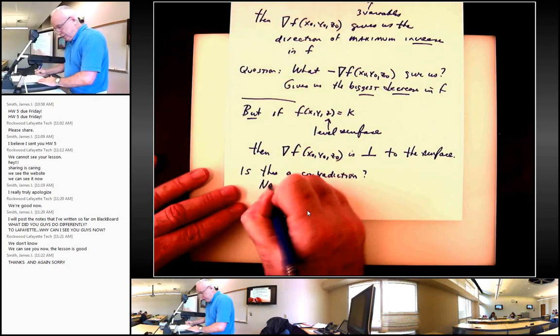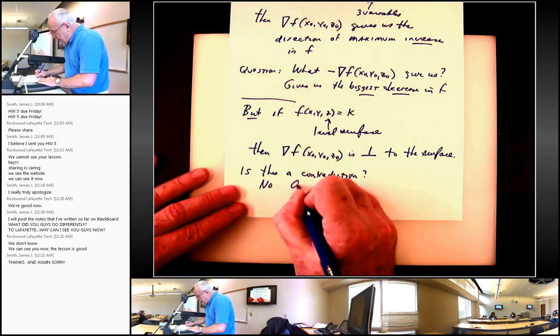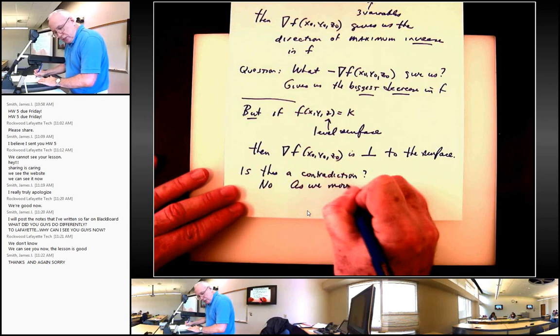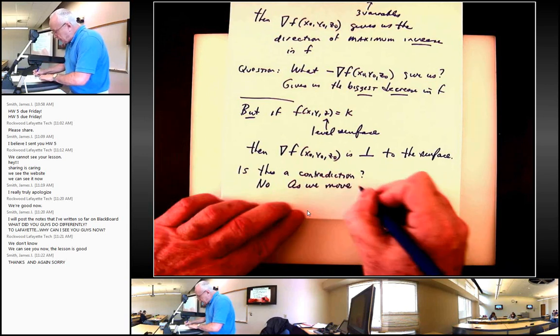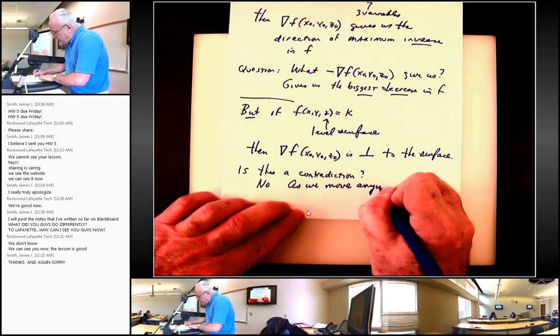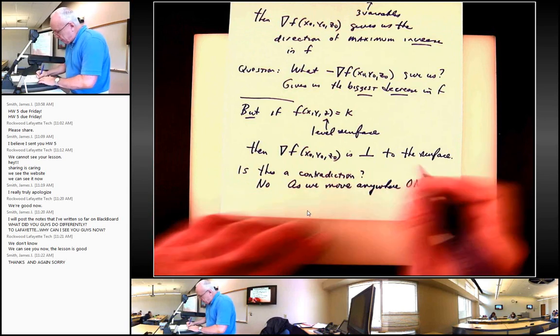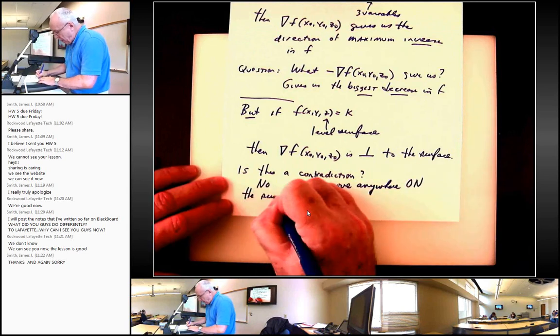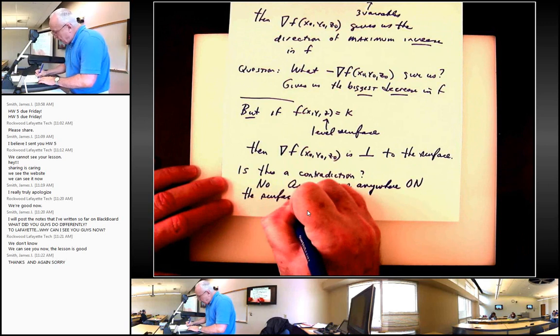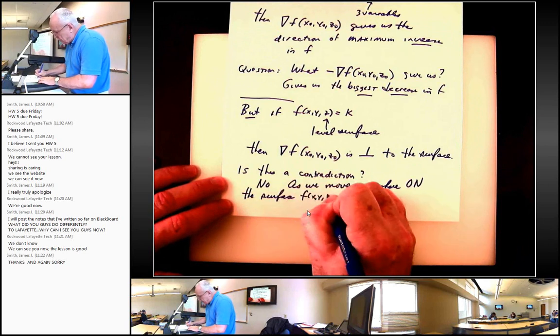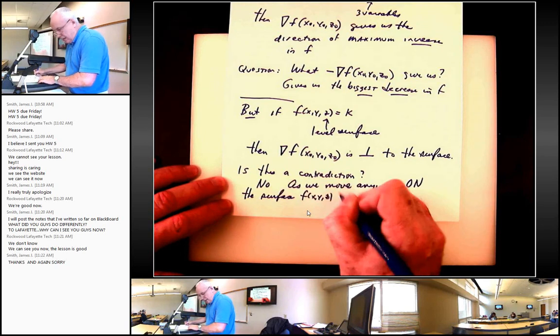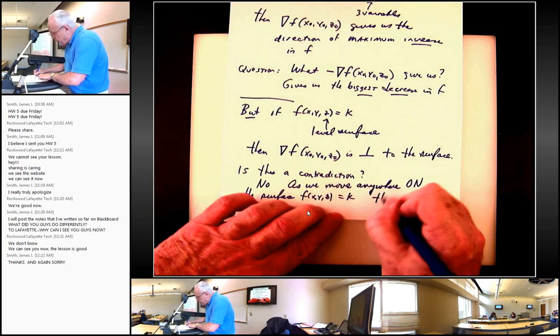Okay? So I'm just going to say this. There is no contradiction, and I'm just going to put down what I just said. As we move anywhere on the surface f(x,y,z) equal to k, the values don't change.